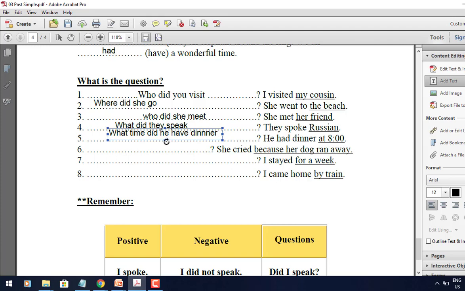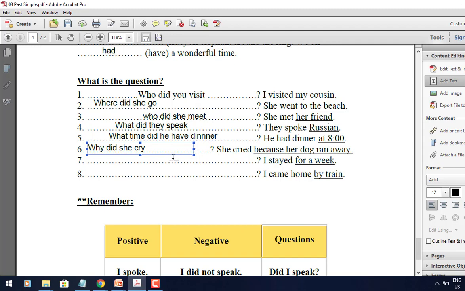Number 6. She cried because her dog ran away. Now we need to ask about because her dog ran away. The WH question that asks about the reason is why. Followed by did, then the subject she, and the verb in the base form. Why did she cry? She cried because her dog ran away. Number 7.